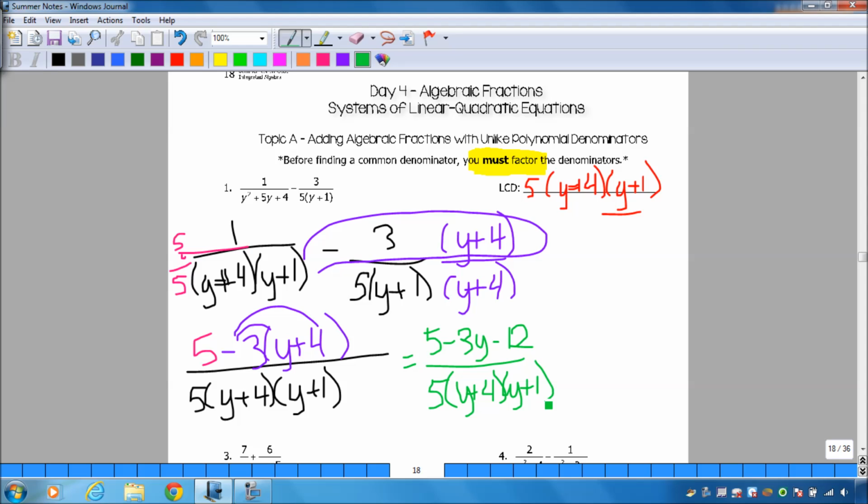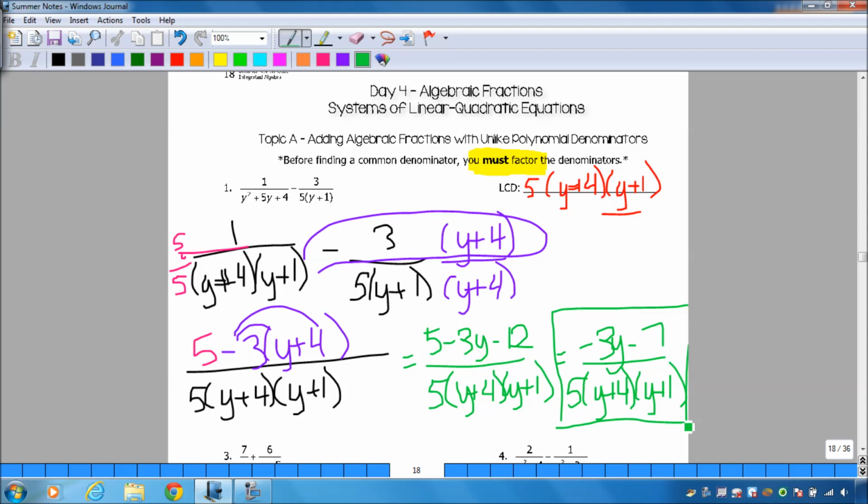And again, you're not allowed to cancel these 5's out because of the subtraction sign right here. Okay? So then you just have to combine like terms, and you end up getting negative 3y minus 7 all over 5 times y plus 4 times y plus 1. And there's nothing you can cancel out in this example, so that's your final answer.